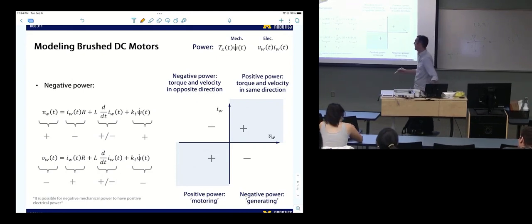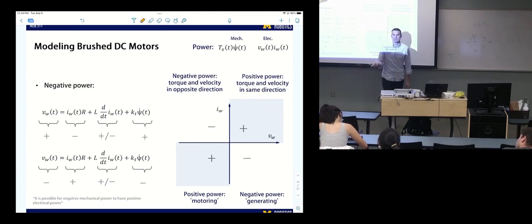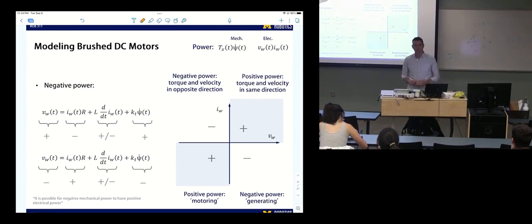The only thing that changed was these terms, because those are dependent on the sign of the current, which is dependent on the direction of the torque. So in both of those, we switched the direction of the torque, which made them oppose, which made it negative power. Cool? Any questions on this? Okay.